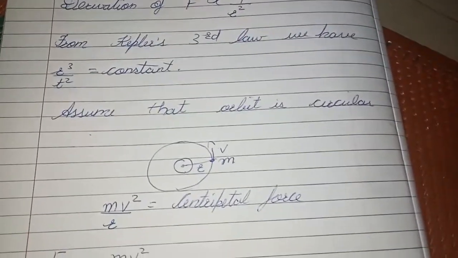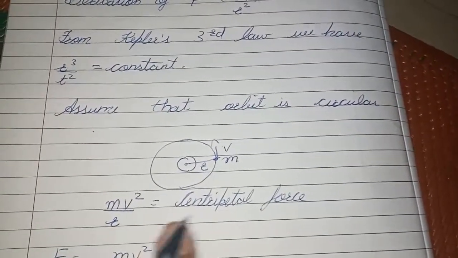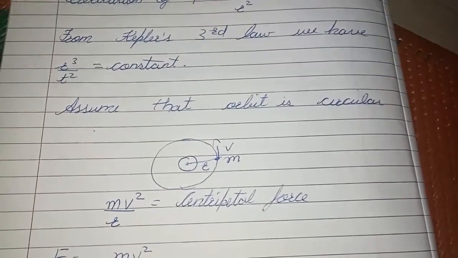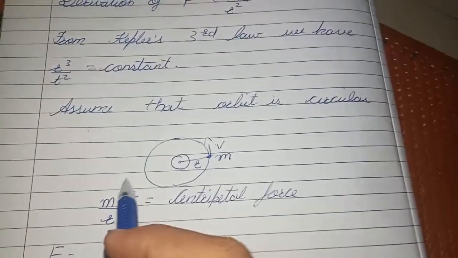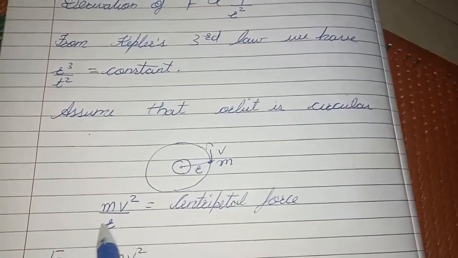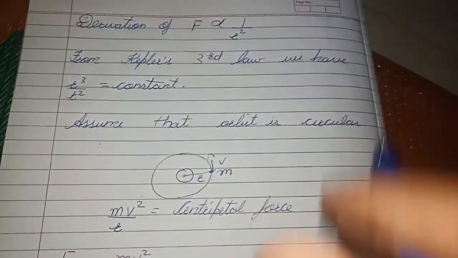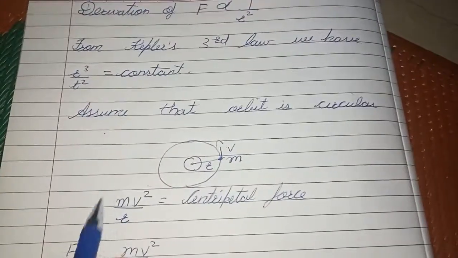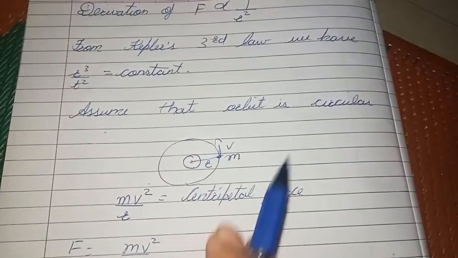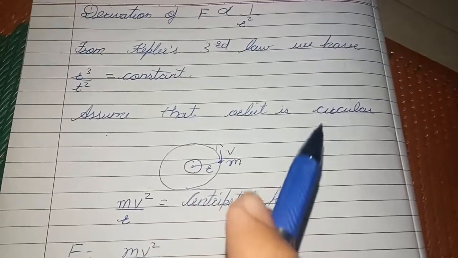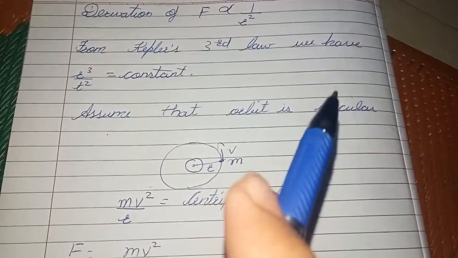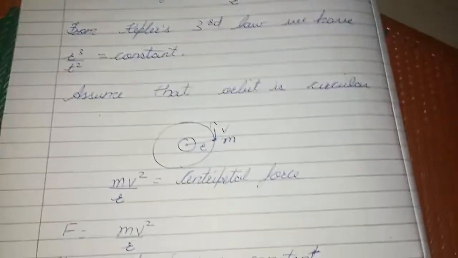So we know that the centripetal force of any revolving object is given by mv square by r. This is the main formula which was used for deriving that F is inversely proportional to r square. So the centripetal force of any object going around in a circular orbit is given by mv square by r.